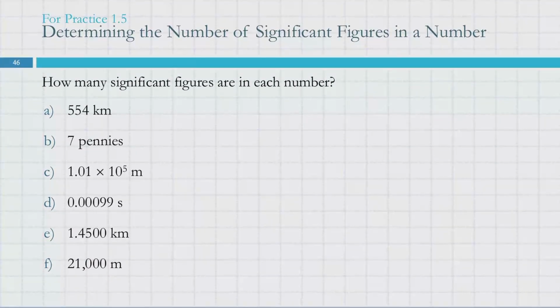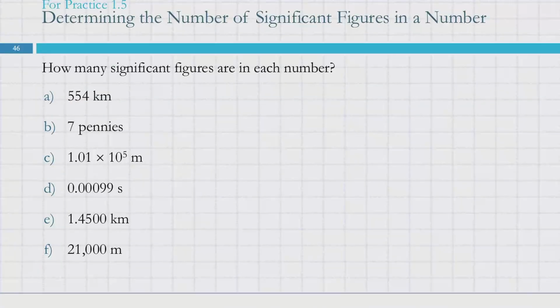All right, let's practice. How many significant figures are in each number? We have 554 kilometers. We've got 3 significant figures. How about 7 pennies, RIP pennies?